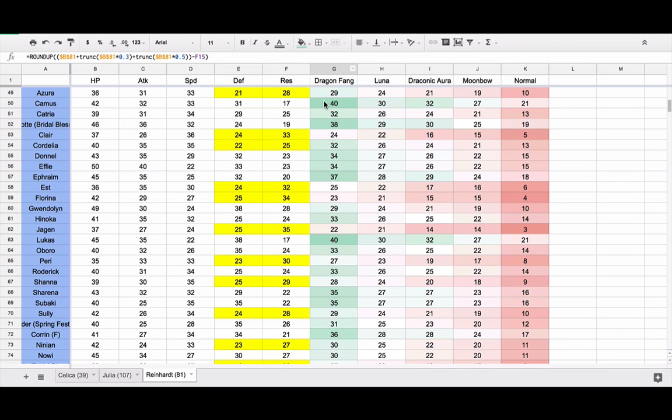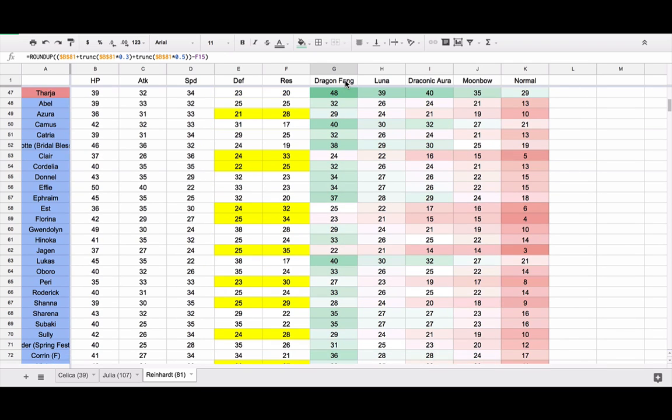I think maybe for, let's look, okay, so most of the time, Dragon Fang will do more than Luna, and Draconic Aura will do more than Moonbow. The places where this is an exception are units that have really high resistance.